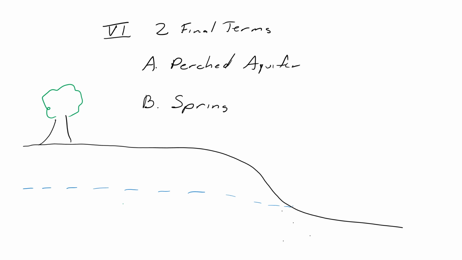It follows the Earth's surface generally, but right here it intersects the Earth's surface. And what happens here is that water pours onto the ground. So this is the water table, where water table intersects the Earth's surface. It's called a spring.